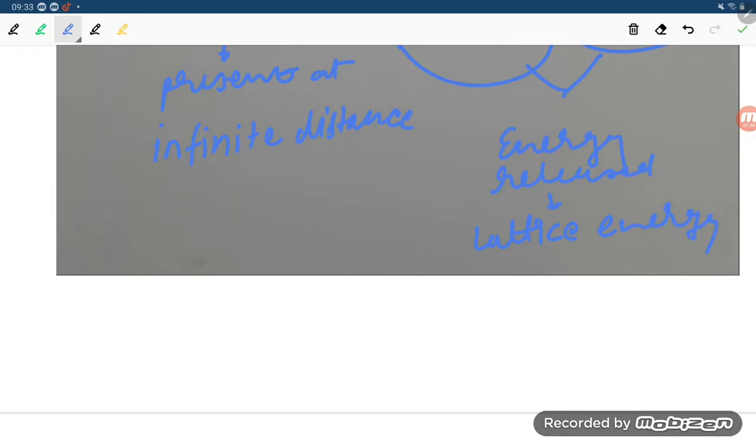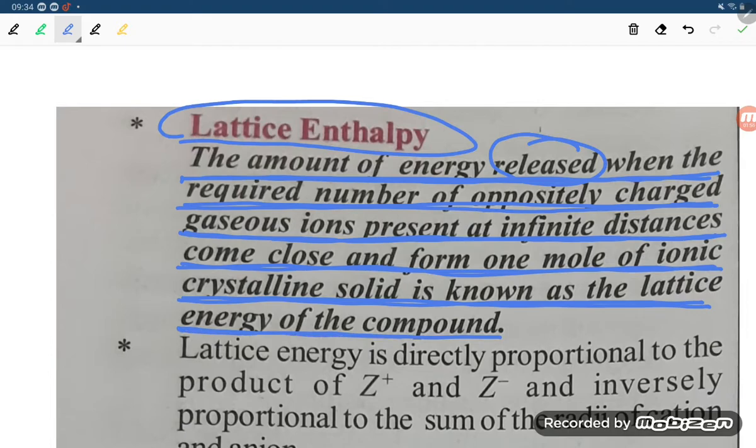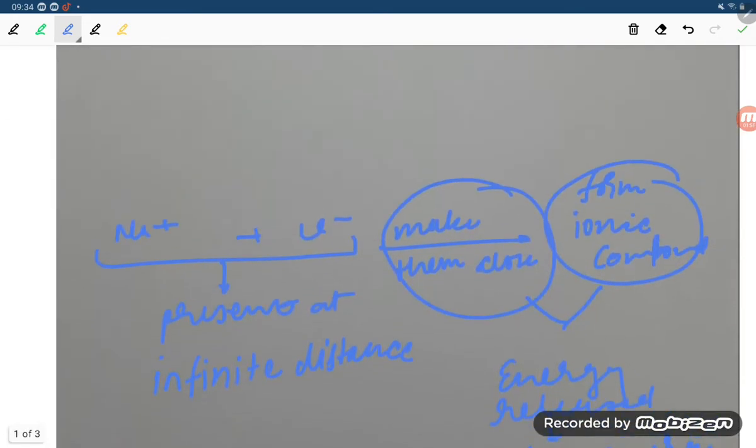So again, read out the statement, students. The amount of energy released when the required number of oppositely charged gaseous ions present at infinite distance come close and form one mole of an ionic crystalline solid is known as the lattice energy of the compound. So how much ionic solid are you forming?